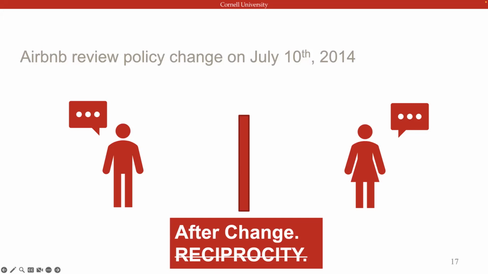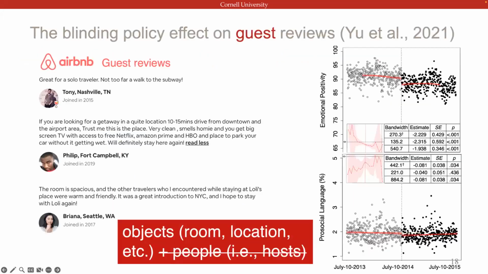So that is actually our initial hypothesis and our instinct that drives this research. So we used regression discontinuity design, and what we found here is that for guest reviews, after the policy, the reviews became less positive and less pro-social, which is exactly, I think, in line with what you just mentioned. But why?